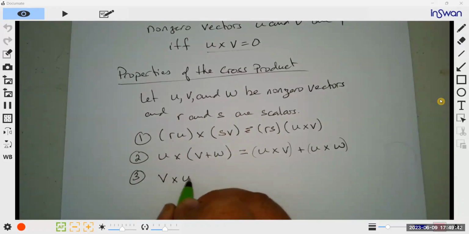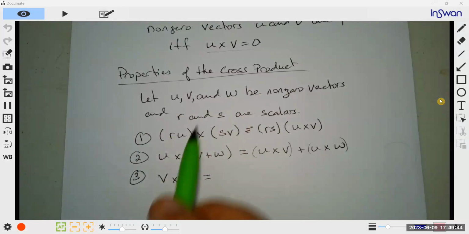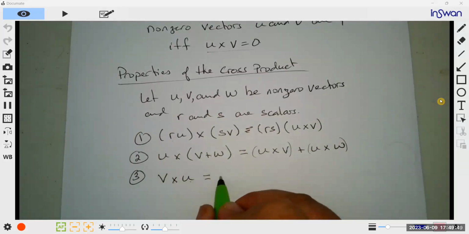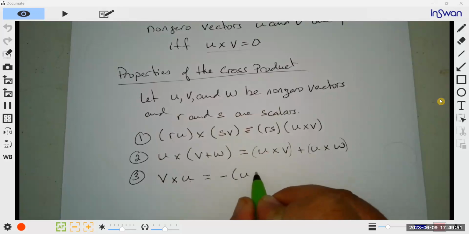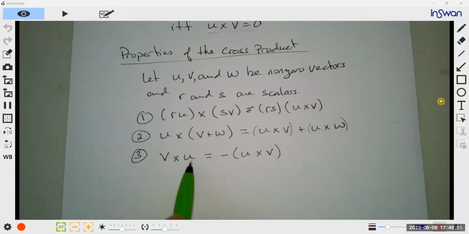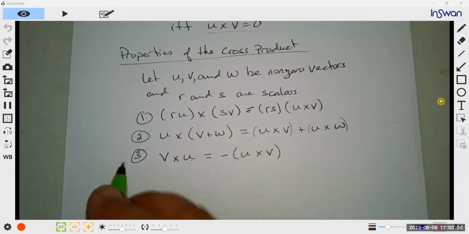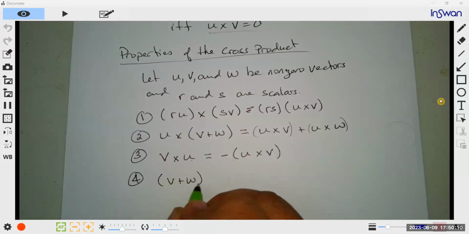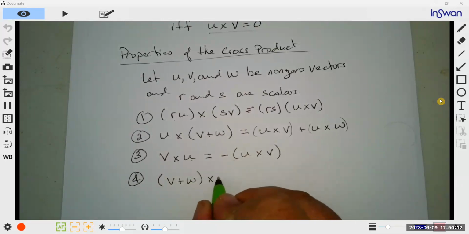V cross u, because originally, remember, we always started with u cross v, but if we do it backwards, that's the negative of it. So if you juxtapose the vectors inside the equation, it changes the sign from positive to negative. The reason for that is because you're now changing directions.